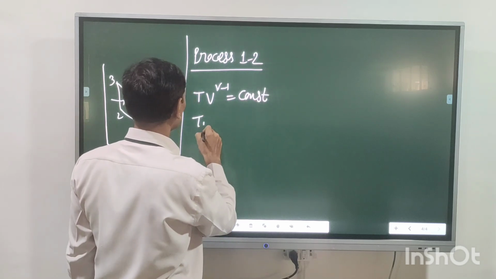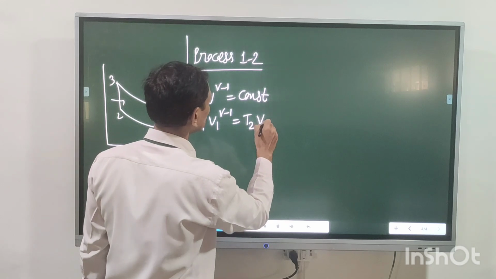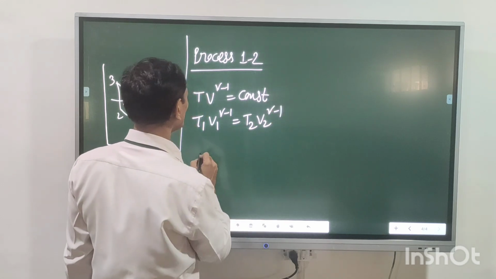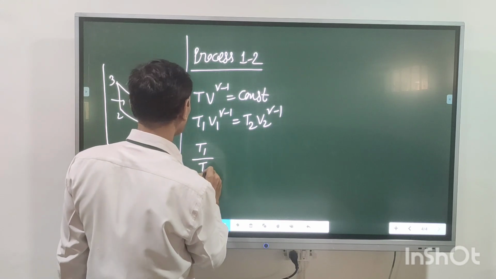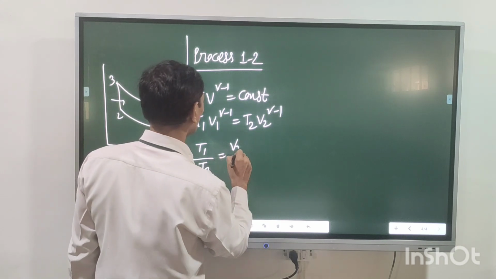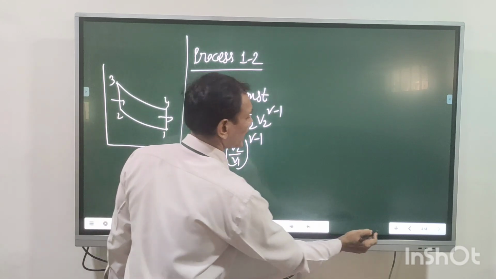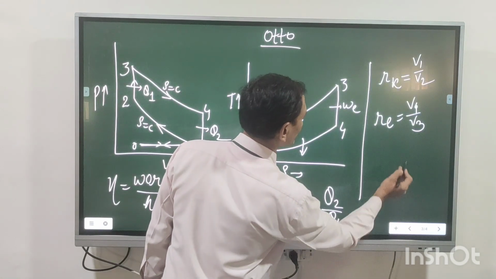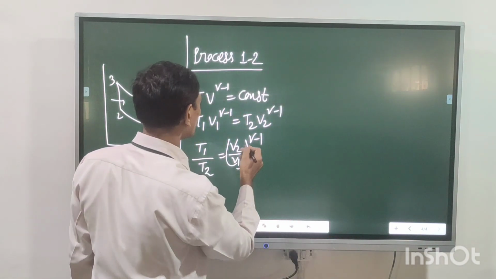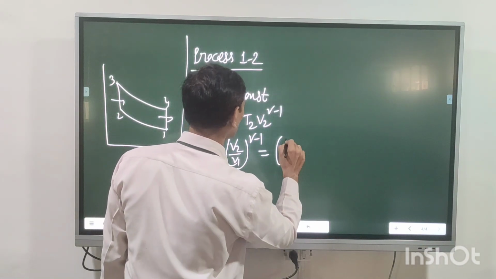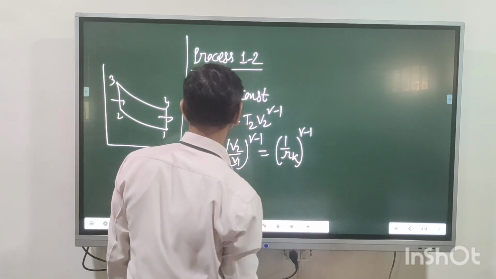So T1 V1^(gamma minus 1) is equal to T2 V2^(gamma minus 1). So we can write T1 upon T2 is equal to (V2 upon V1)^(gamma minus 1), and before this slide RK is equal to V1 upon V2, so we can write 1 by RK^(gamma minus 1).